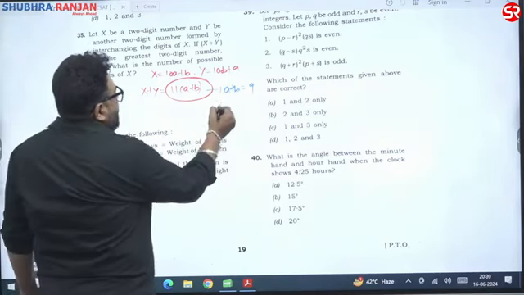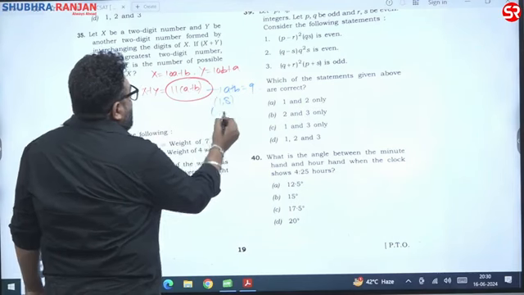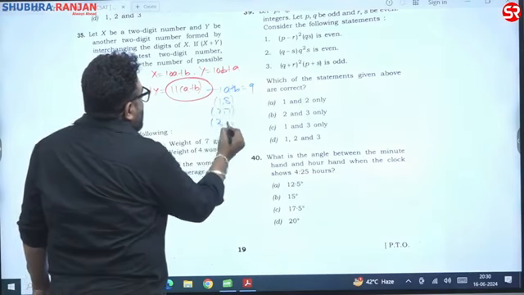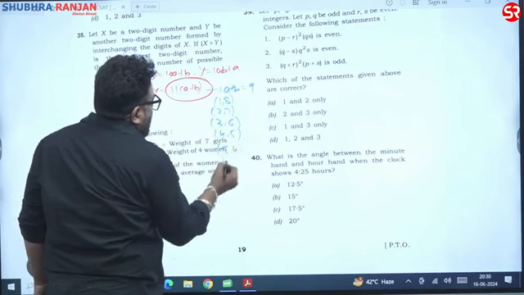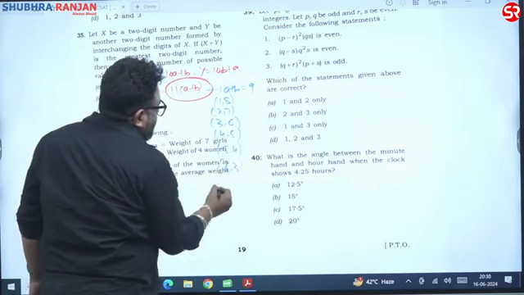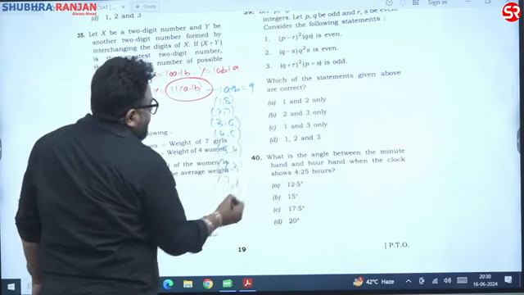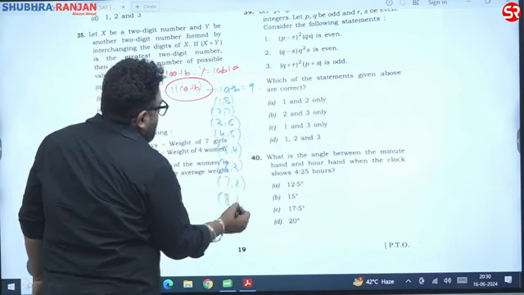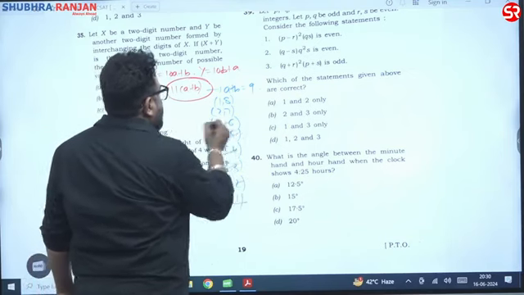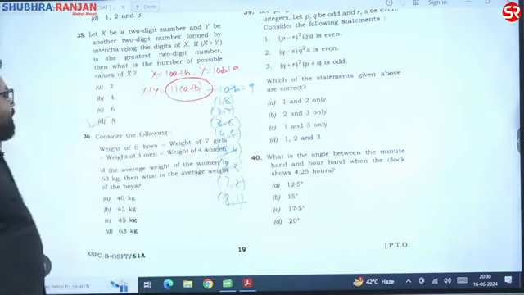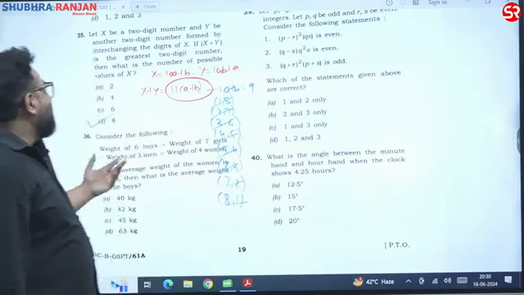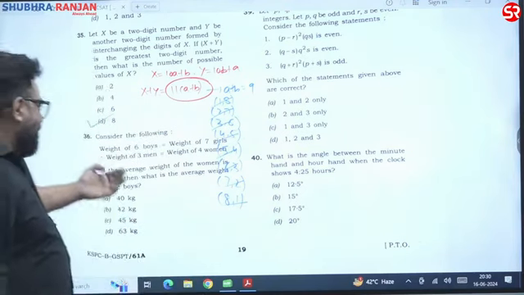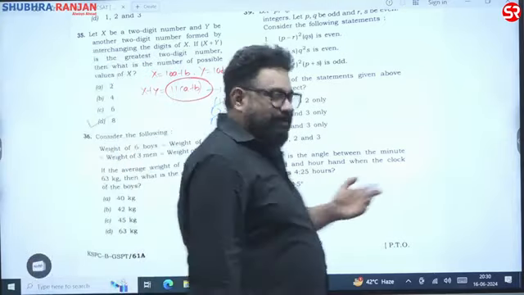This is only possible when it is 18, 27, 36, 45, 54, 63, 72 and 81. So 1, 2, 3, 4, 5, 6, 7, 8. 8 such numbers are possible. Come on, isn't it? 18, 27, 36, 45, 54, 63, 72, 81.